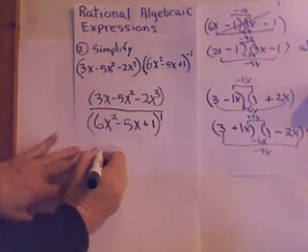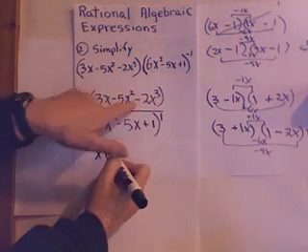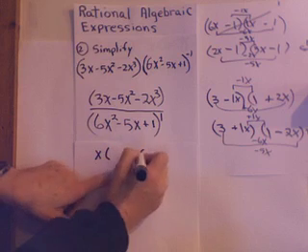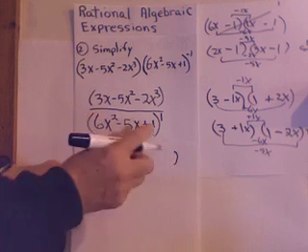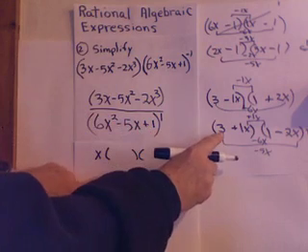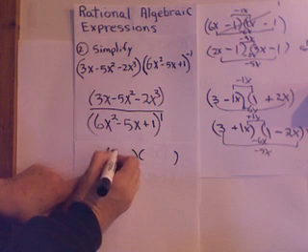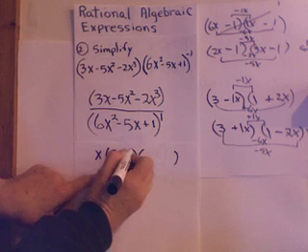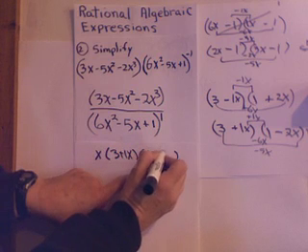So, we had an x for the top because we had taken an x out of all of that. And then we figured out the two parentheses for the top were 3 plus 1x and 1 minus 2x.